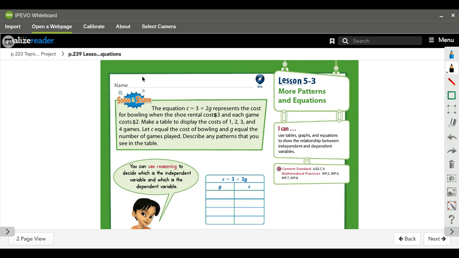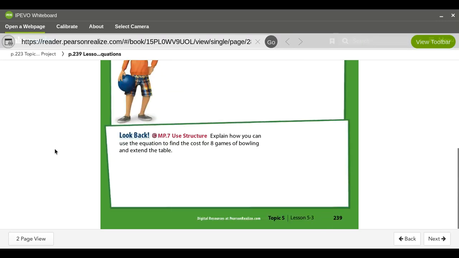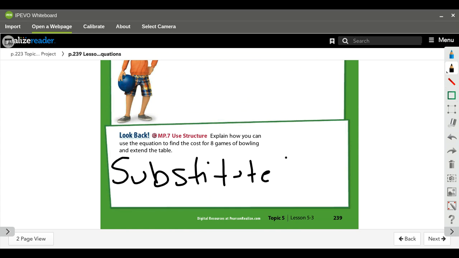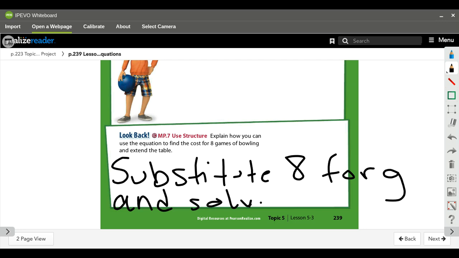Okay, so if we take a look down at your look back, explain how you can use the equation to find the cost for 8 games of bowling and extend the table. So all we would need to do to find the cost for 8 games of bowling is substitute 8 for G, and solve for C. So when I do that, 8 times 2 is going to be 16 plus 3 is going to be 19.